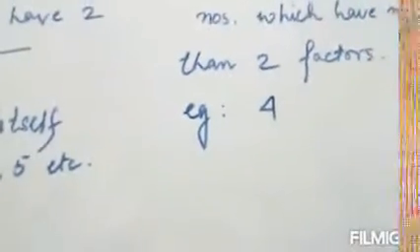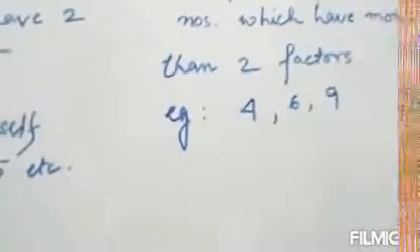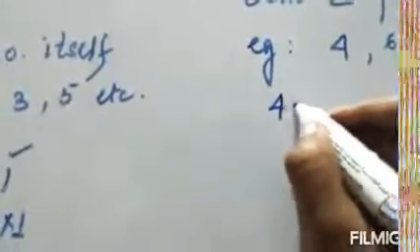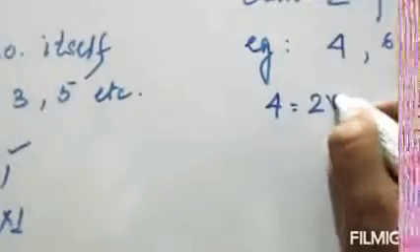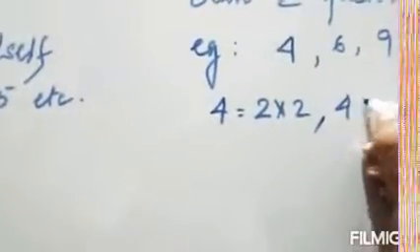For composite numbers, let's see what are its examples. Examples are like, suppose 4, 6, 9, etc. Now why am I saying 4 is a composite number? Because how can we get 4? 2 into 2, then 4 into 1.